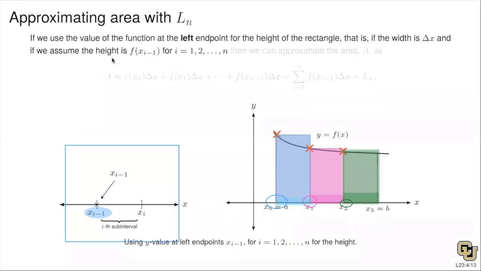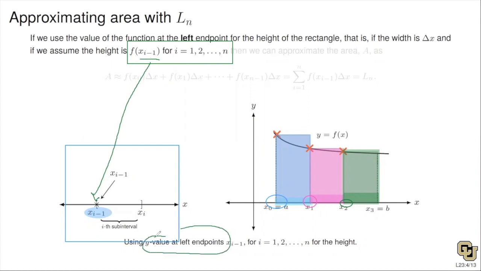The width is delta x. We assume the height is f of x sub i minus 1. So look at that, x sub i minus 1 is the left endpoint. And so f of x sub i minus 1, we're literally finding the y value at the left endpoint. That's literally what this is saying. And that's these points here that we used as the height.